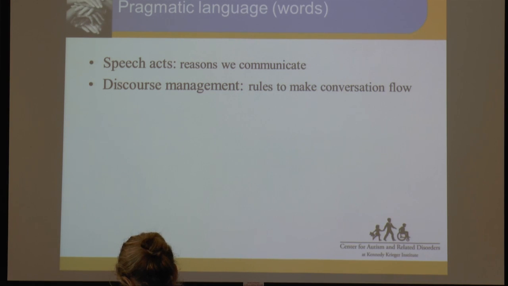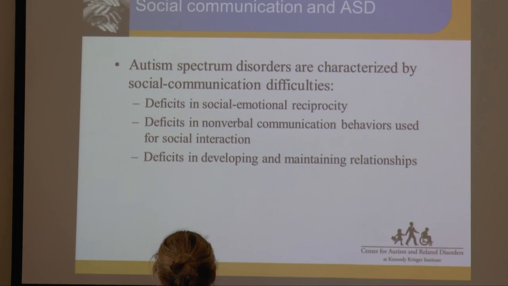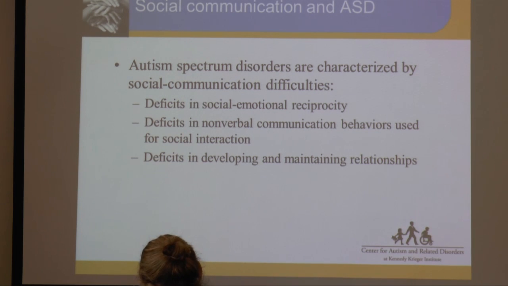And it also includes things like being able to take turns and speak reciprocally with another person, so it feels like sort of an even exchange and both people are contributing to that.